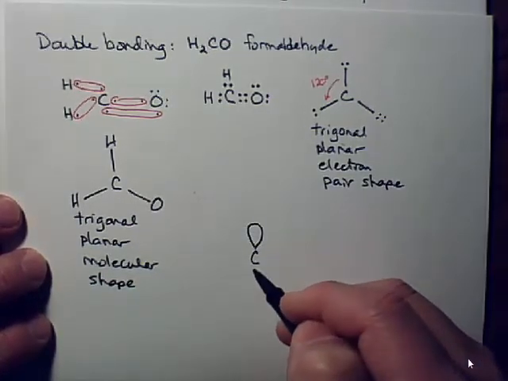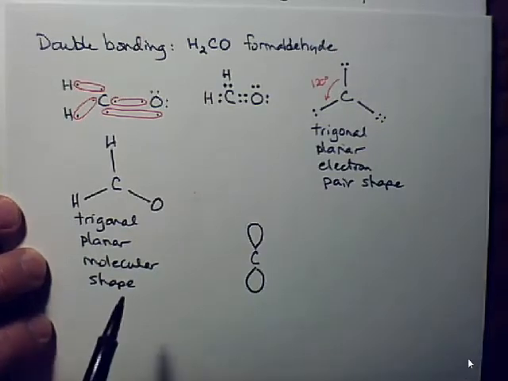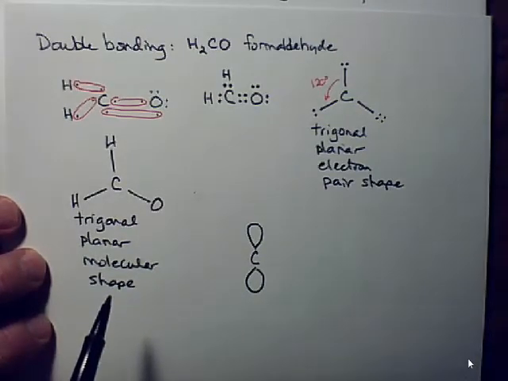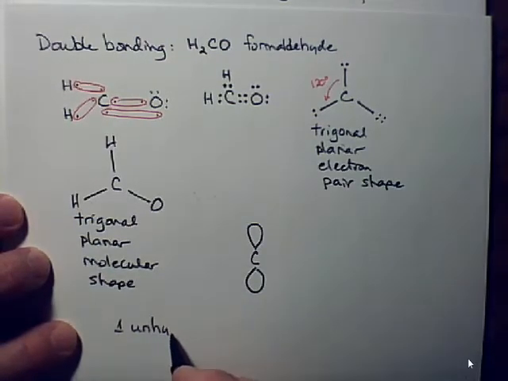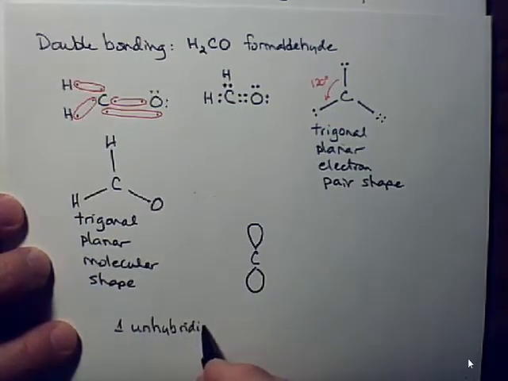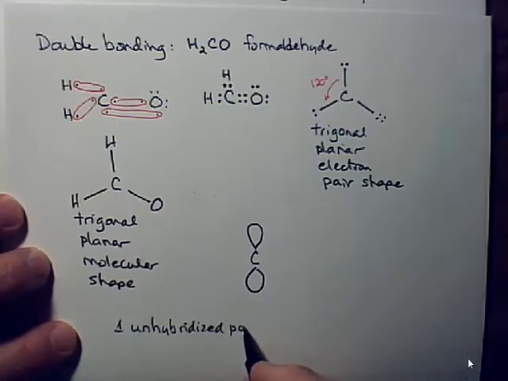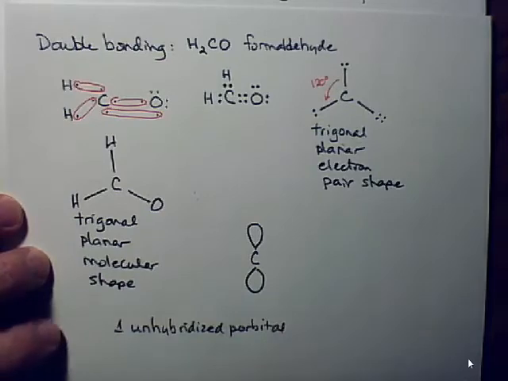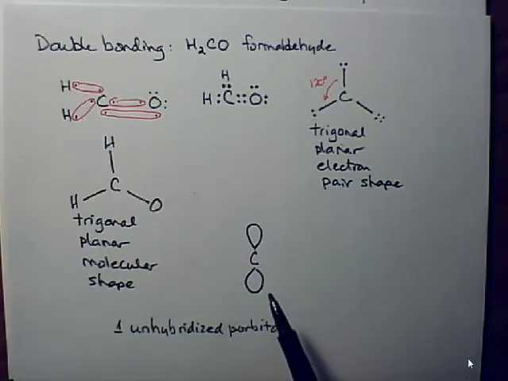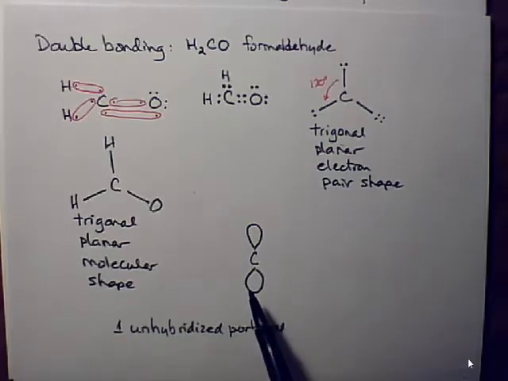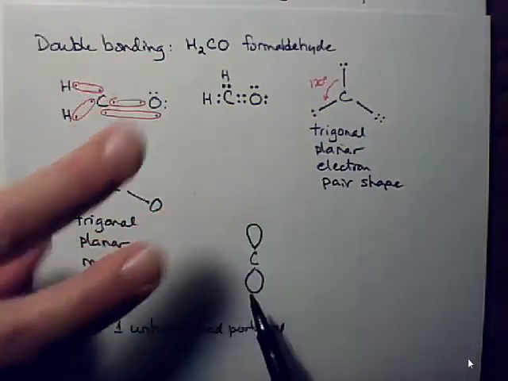We have one unhybridized p orbital. That means we can only hybridize 3 orbitals, 1 s and 2 p's. So this hybridization is not going to be sp3, it's going to be sp2.